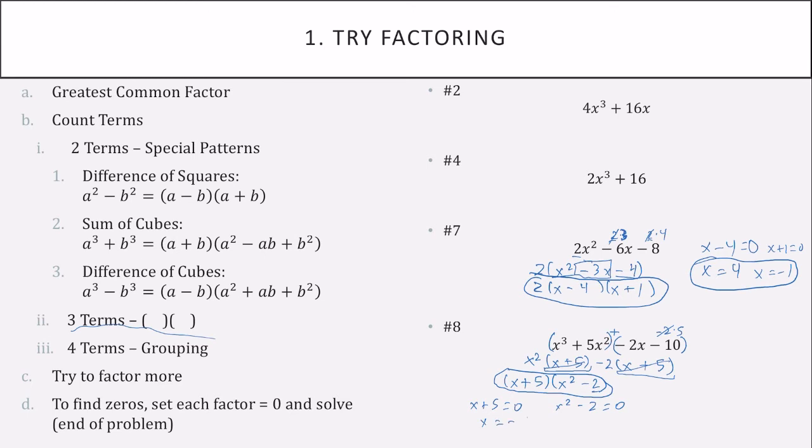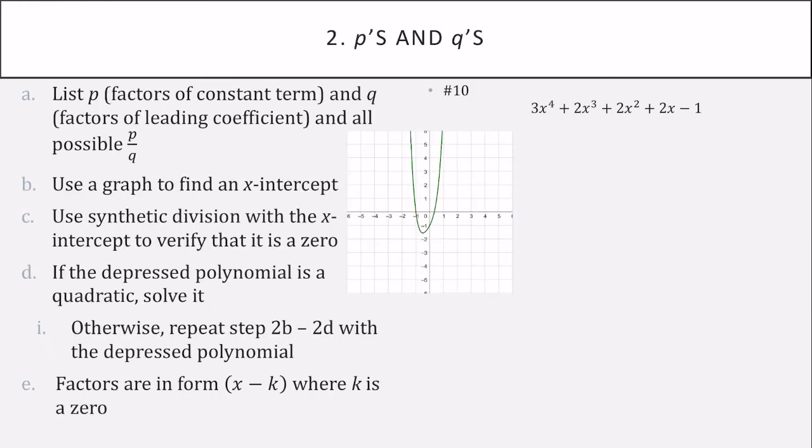So I'll get negative 5. On the other one, I'll get plus or minus the square root of 2. Remember, when you take a square root, when you solve, you have to put plus and minus. If factoring doesn't work, we have to use the rational root theorem, which I call the p's and the q's.